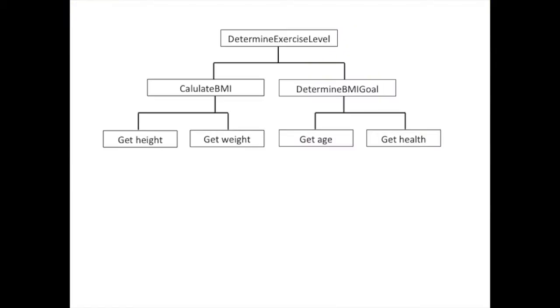Then in terms of recomposition, once I have the height and the weight, I can apply the BMI formula that we've used before. And with another algorithm based on my age and my health, I can get a goal for my BMI, and then I can use that to determine my exercise level.